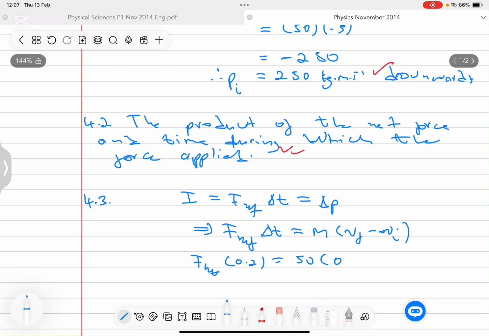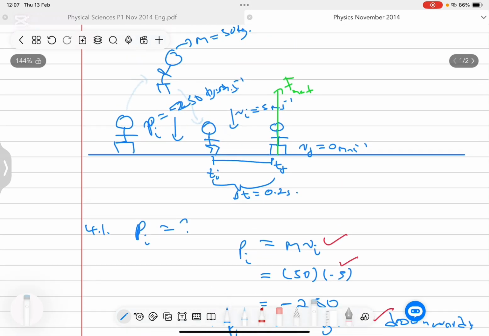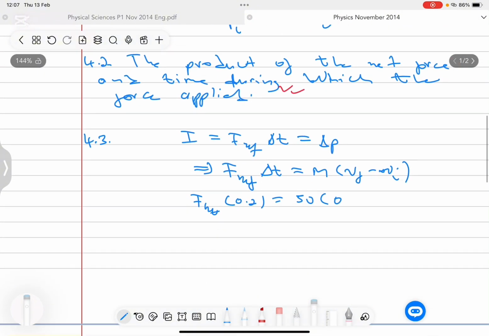And she landed there with -5 meters per second. Remember, it's negative because we chose up as positive, so a vector that goes down would be negative. Because here we have -5 as the initial velocity, it means we're going to have a +5, because the negative and the -5 will give me a positive.